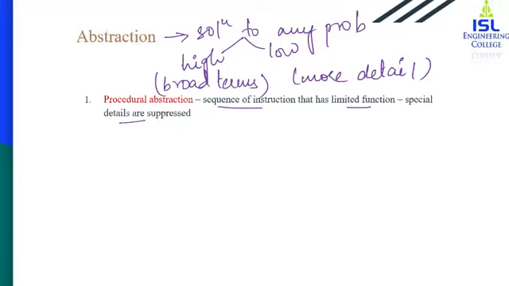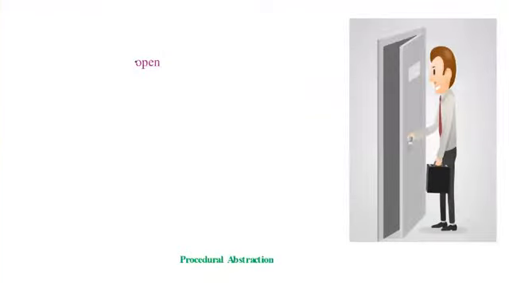Now let me explain this with an example. Within procedural abstraction, we are considering the term open for a door. This word open implies a long sequence of procedural actions. For opening the door, first you have to walk to the door.